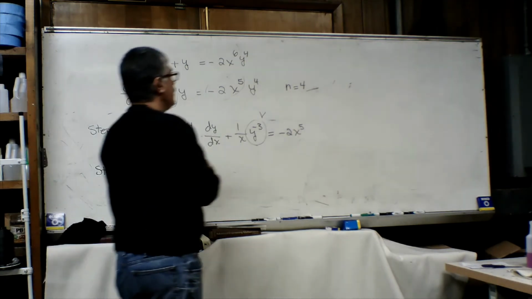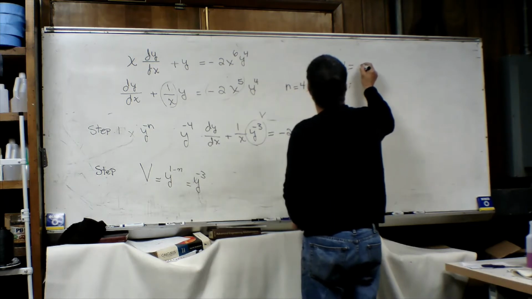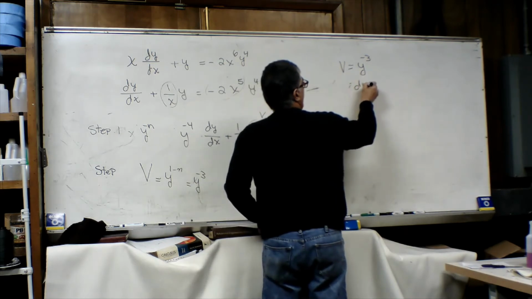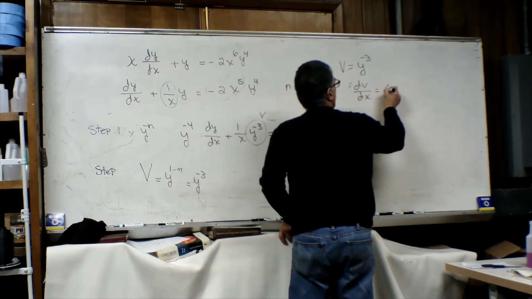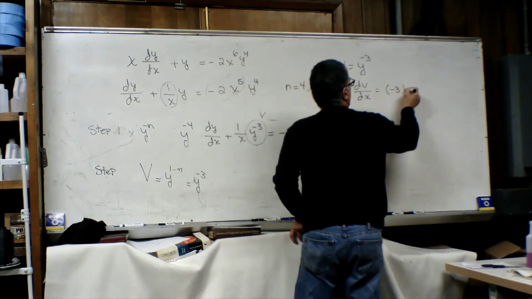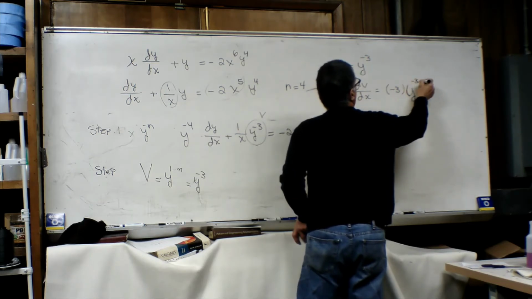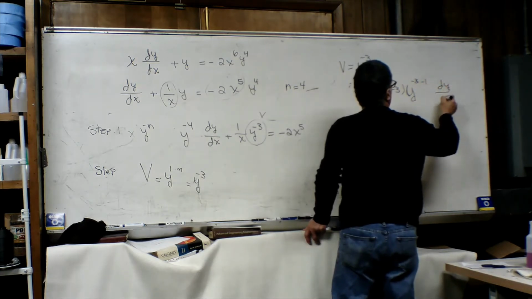Now from this equation, v is equal to y to power minus 3, dv over dx will be equal to minus 3 multiplied by y to power minus 3 minus 1 multiplied by dy by dx.